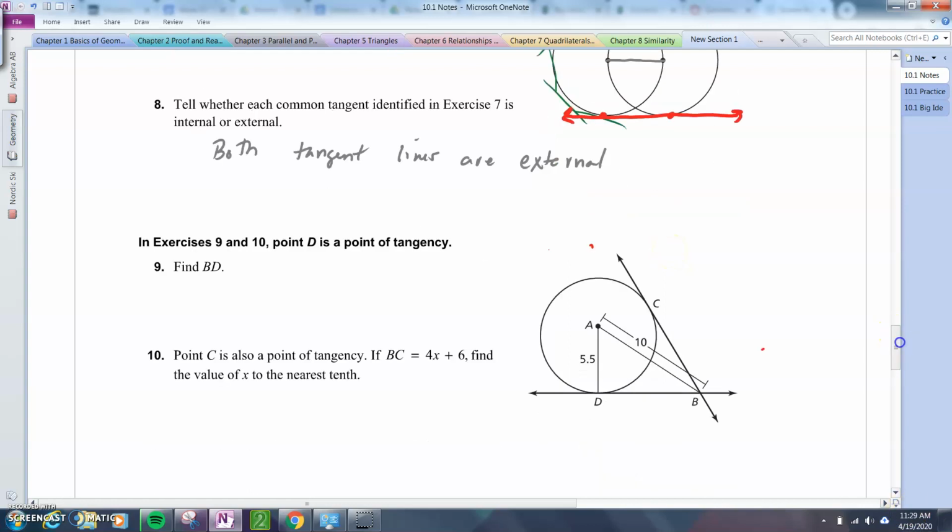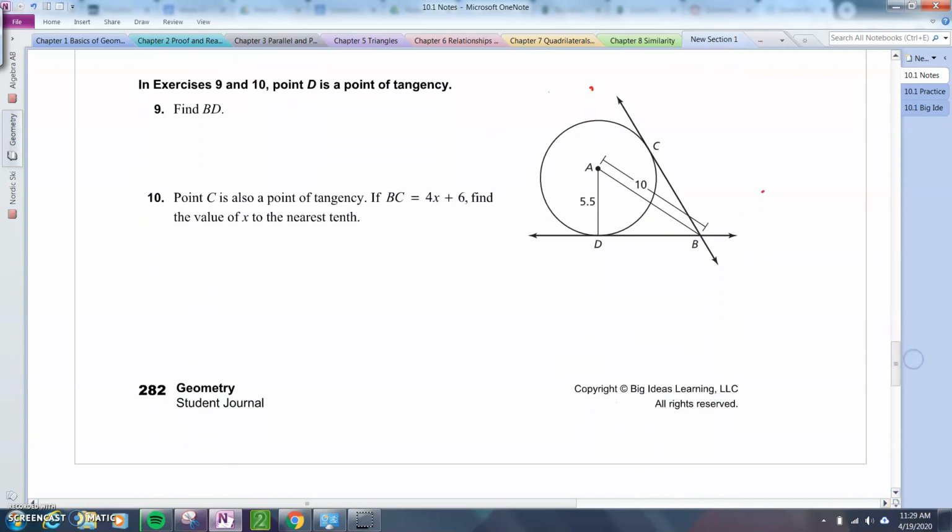Okay, I'm going to try to move quickly here. I want to keep this video under 10 minutes, and we're already about 4.5. Alright, so find BD. Well, BD is this segment here. How am I going to find it?